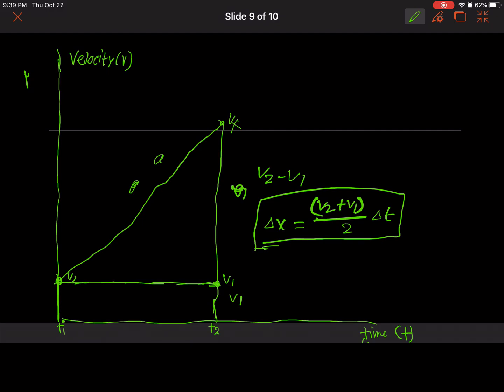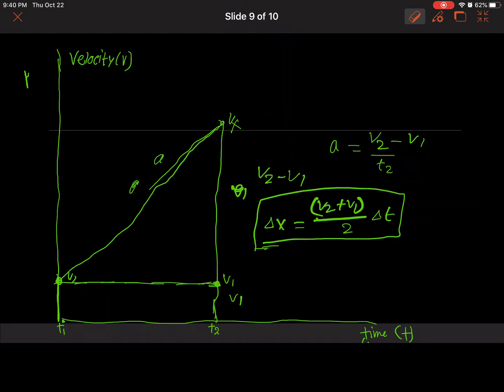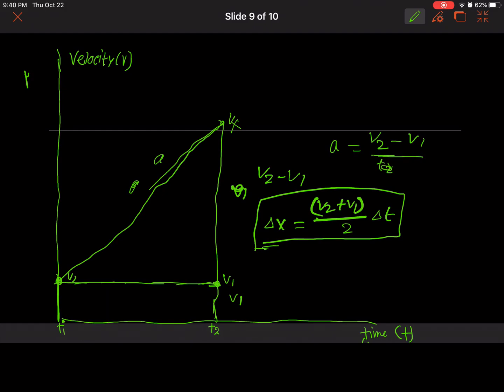Second formula now. We represent it in terms of acceleration. Acceleration, as you remember, would be v2 minus v1 over t2 minus t1. Since t1 here is actually 0, let's just write t down there.